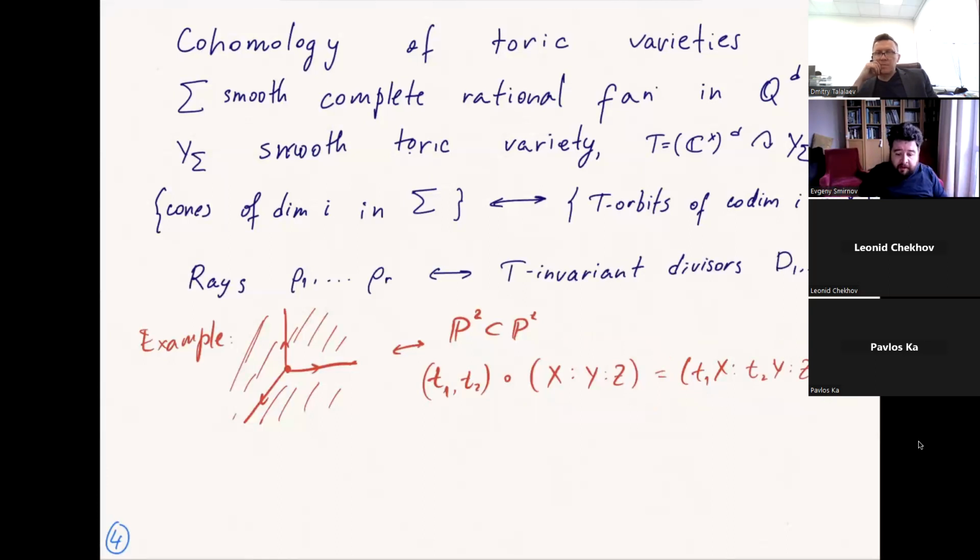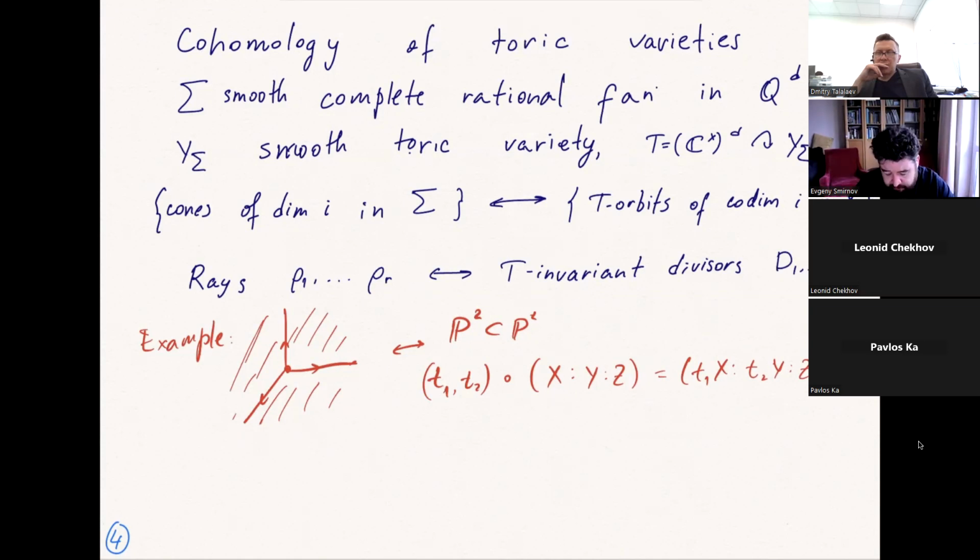So I have an open piece in P2, a big cell where all coordinates are non-zero, and then you have three adjacent rays.